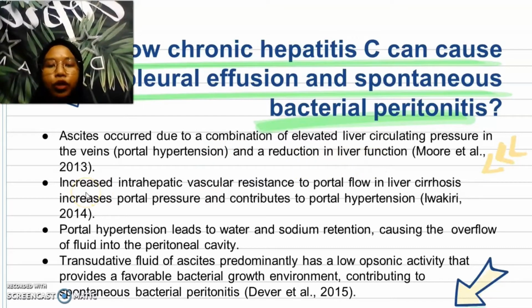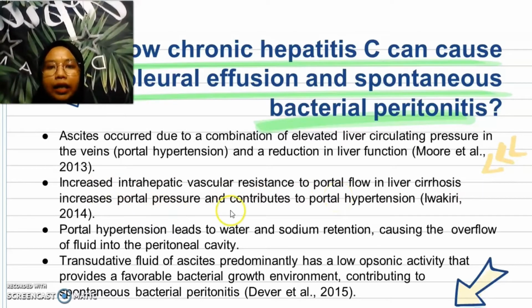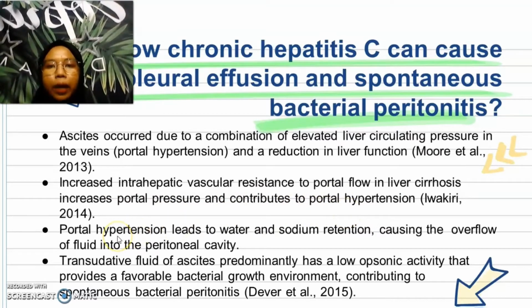As we all know, chronic hepatitis in Mr. T will increase intrahepatic vascular resistance to portal flow in liver cirrhosis, and this will increase portal pressure and thus contribute to portal hypertension. Then this portal hypertension will lead to water and sodium retention, which causes the overflow of fluid into the peritoneal cavity and thus ascites develops.